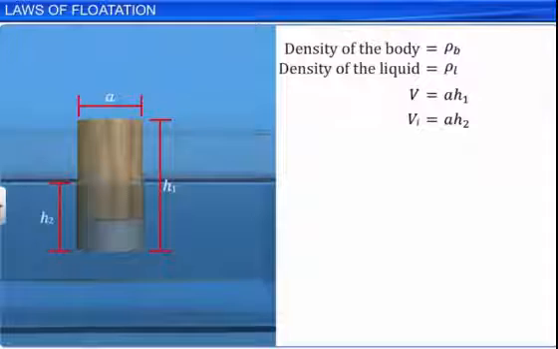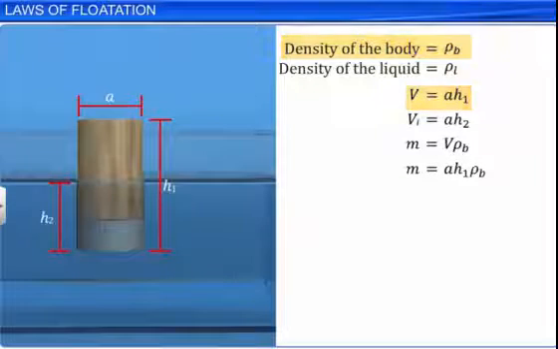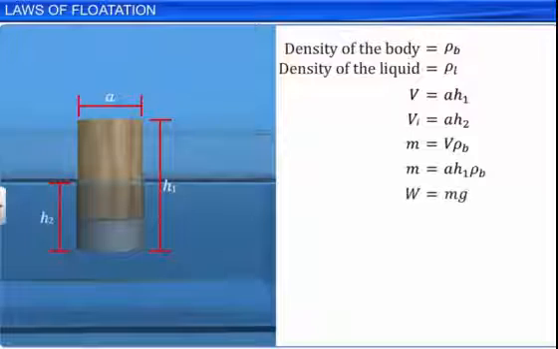The mass of the cylinder M is equal to the product of its volume and density. Therefore, M is equal to V into rho b, which is equal to A H1 rho b. Weight of cylinder W is equal to mg, which is equal to A H1 rho b g. Let this be equation 1.